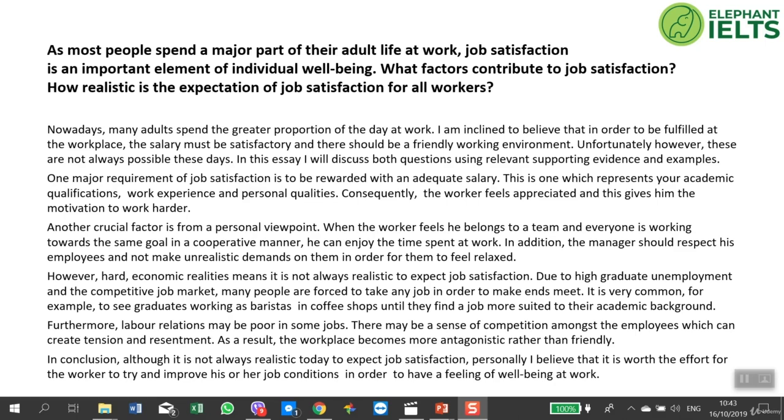So this is why it's not always possible for there to be a friendly environment in the workplace. And now for the conclusion. In conclusion, although it's not always realistic today to expect job satisfaction, personally, I believe that it is worth the effort for the worker to try and improve his or her job conditions in order to have a feeling of well-being at work.